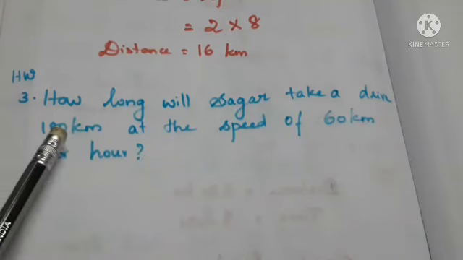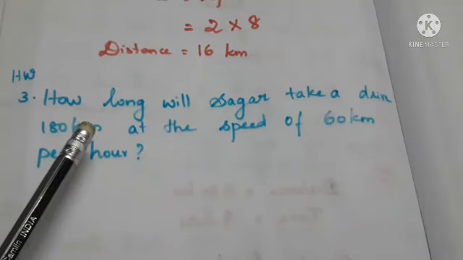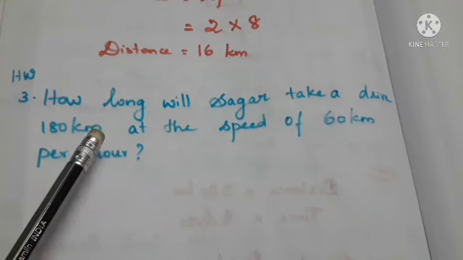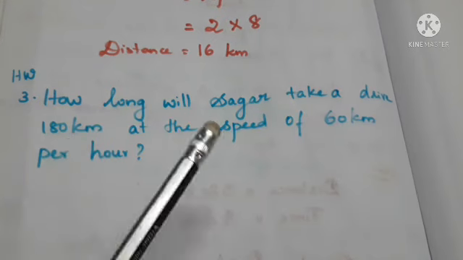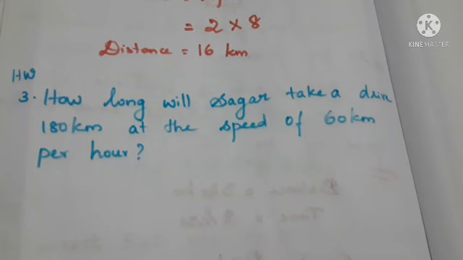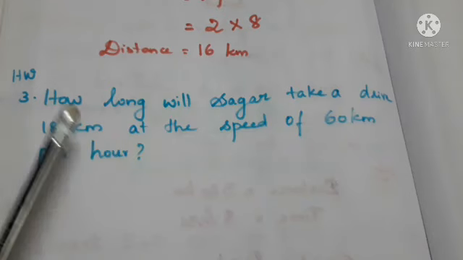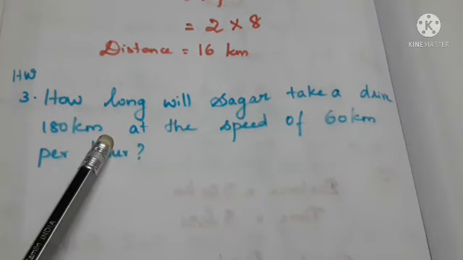Here they have given the distance and speed, and we want to find the time. You know the formula for time: time is equal to distance by speed. By using this formula you have to find the time. Do this problem, it is very easy.